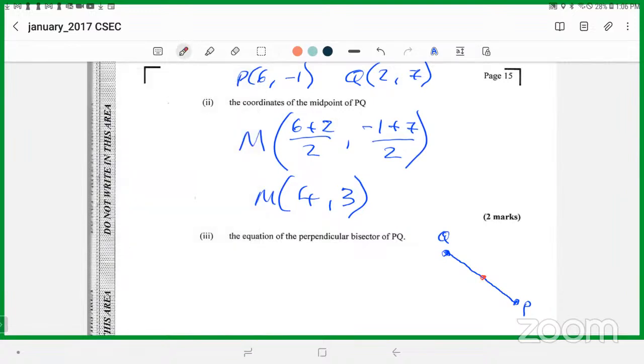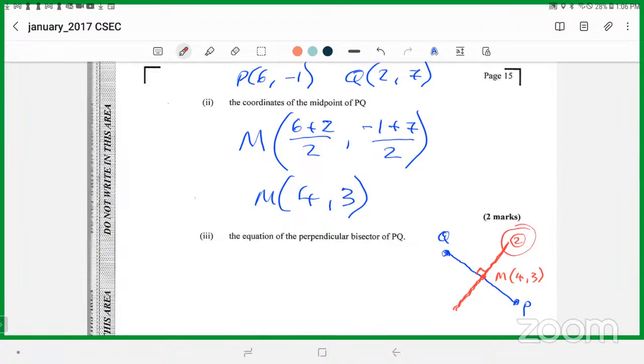It passes through the midpoint and is perpendicular to it. Let's call it line 2. See, it passes through the midpoint that we just calculated, M, which is 4, 3, and is also perpendicular to PQ.